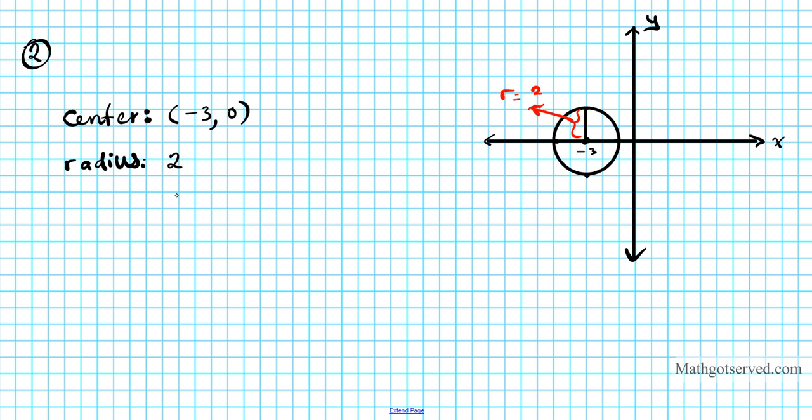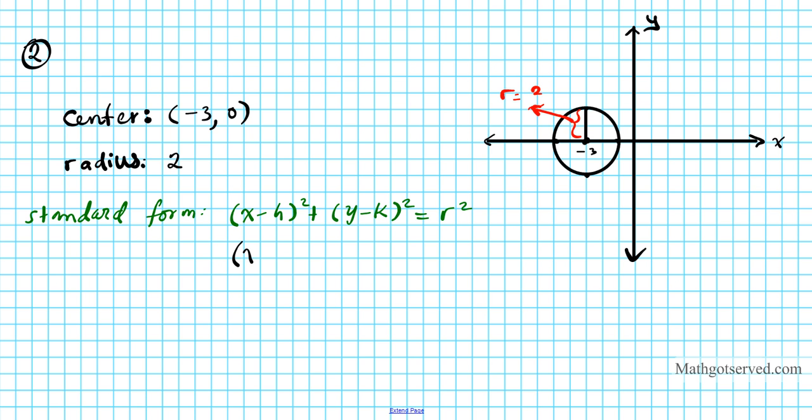All right, now to generate the equation of our circle, let's start by writing down the formula first. So the standard form of the equation of a circle is (x minus h) squared plus (y minus k) squared equals r squared. Okay, so we're going to plug in values.